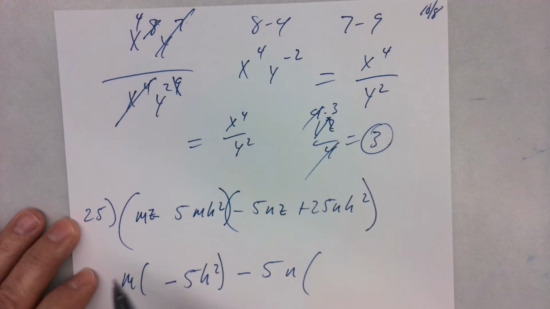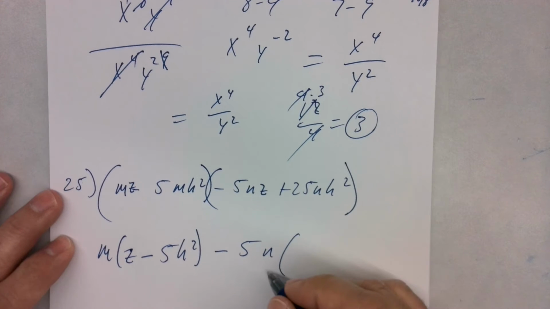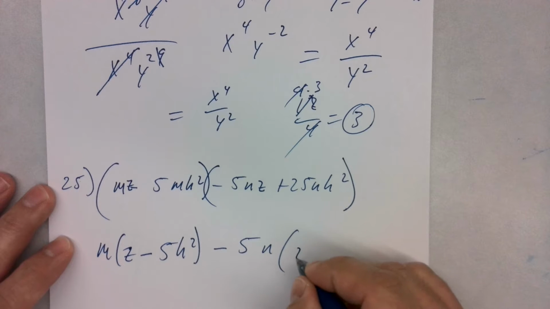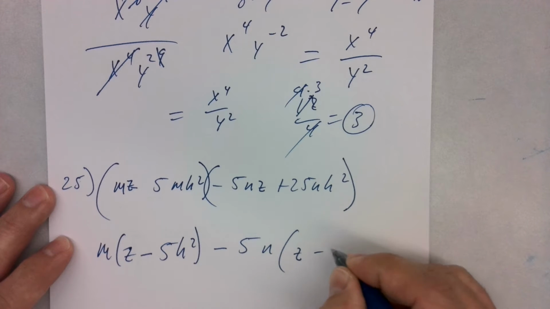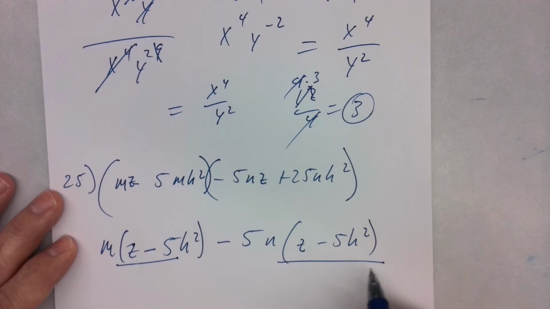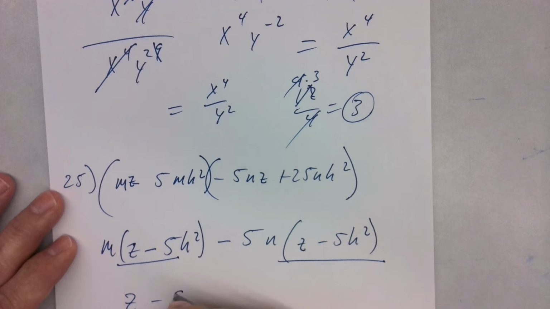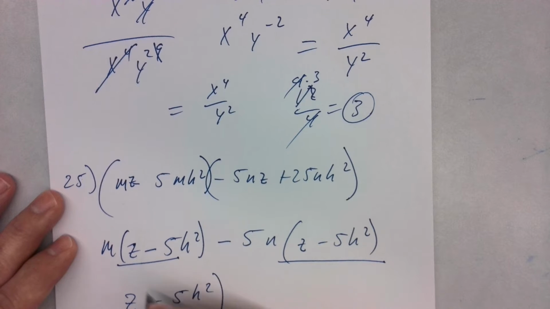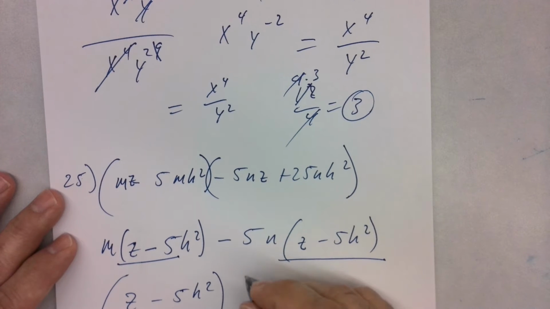Yeah, I didn't see that. So it's z minus 5h. So then this is going to give me z minus 5h squared again, right? These now match, right? They come out front, so we got z minus 5h squared. And then what's left? m minus 5n, right?